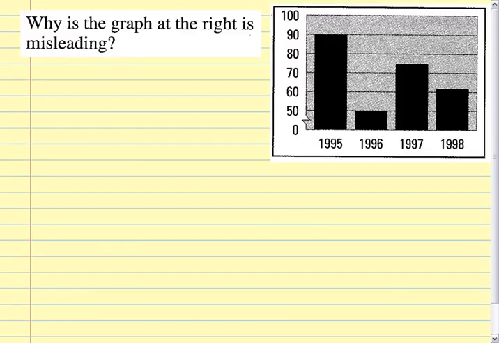All right. Why is this graph misleading? Because it's a broken graph. That's why it's misleading. Looking at it, it looks like 1995 is 5 times as large as 1996.